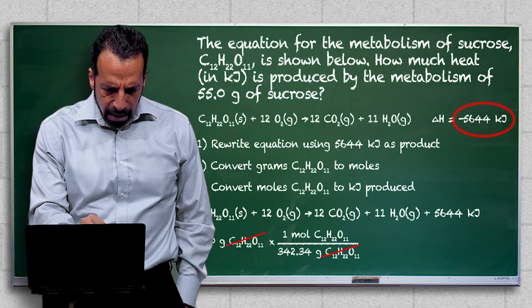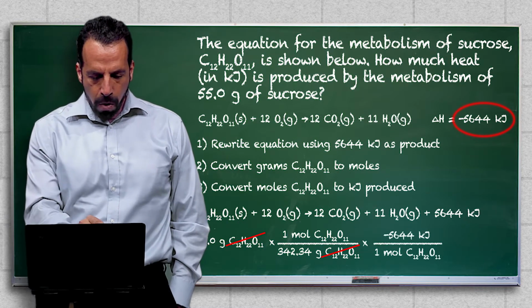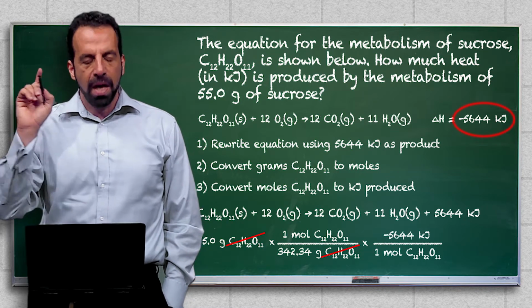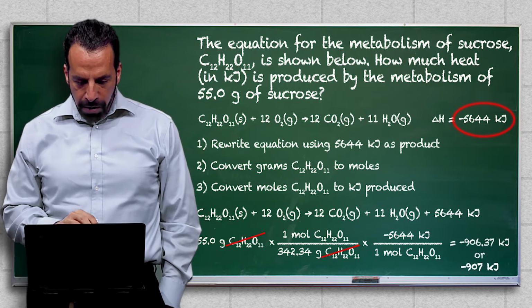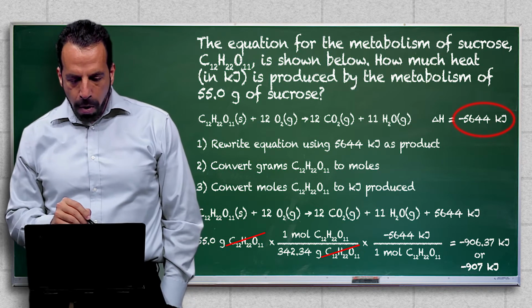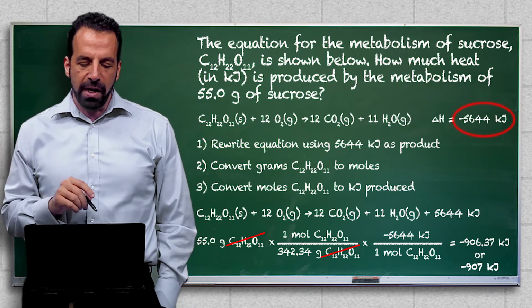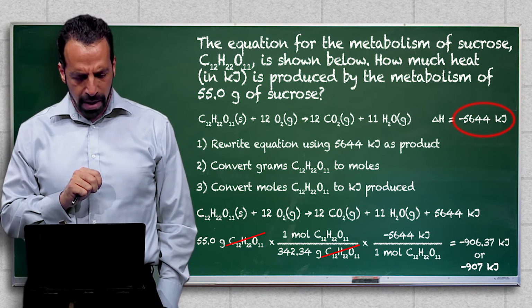So my grams cancel out. I got my moles of sucrose. And then the very last one is, well, 1 mole of sucrose produces 5,644 kilojoules of energy. And so at the end now, I get 906.37 or just 907 kilojoules. I wrote it as a negative sign to show you that that's an exothermic reaction.